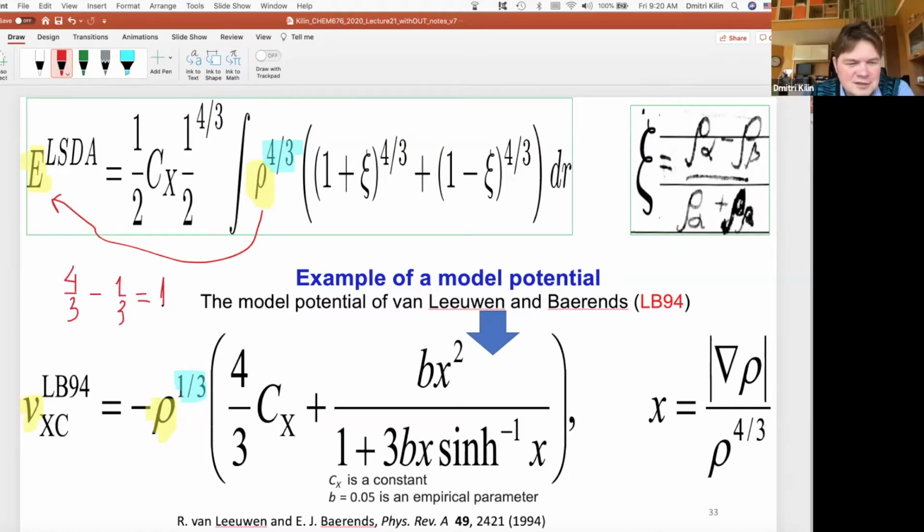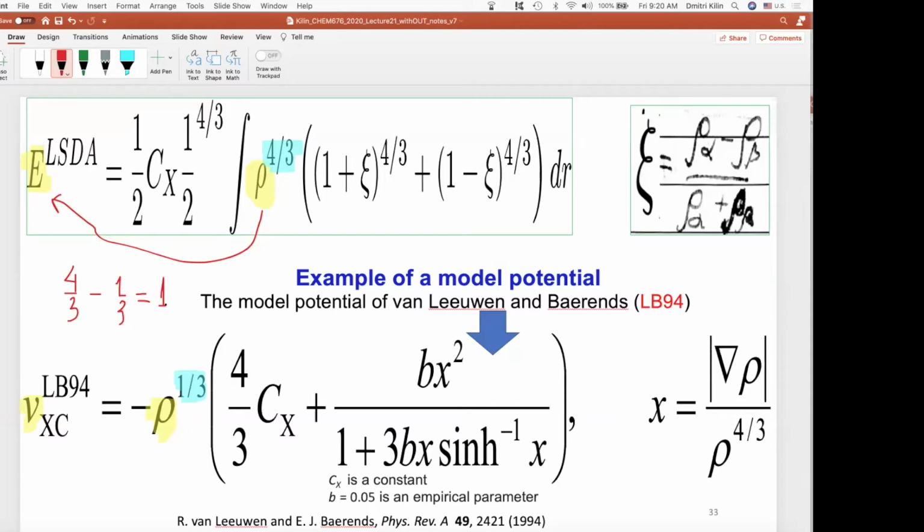Any ideas? Is it coincidence or maybe there is something behind it? Maybe because of this constant Cx, we have a constant value before the integral for the above equation. Maybe these constants play a role. These powers, I'm not sure.